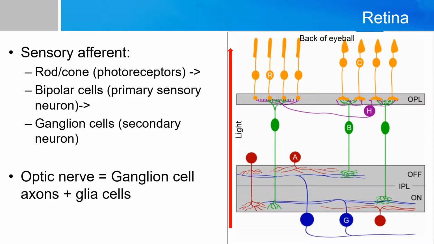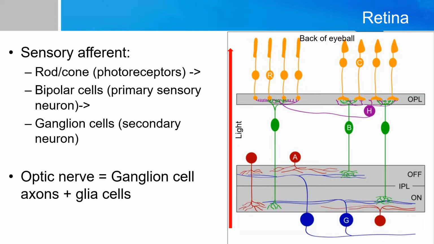The rods and cones then conduct signal to the bipolar cells, and these are actually primary sensory neurons. And these primary sensory neurons then transmit signal to ganglion cells, which are considered secondary neurons. The ganglion cells assembled together to form what we know as the optic nerve.